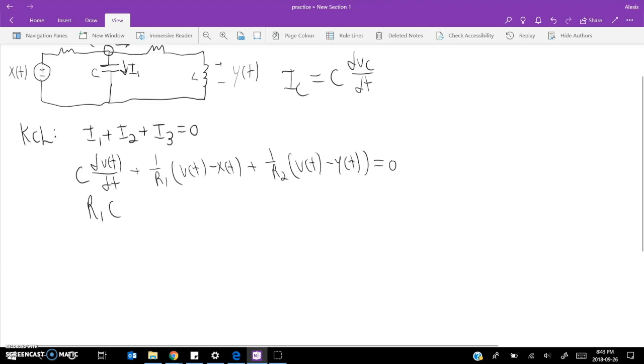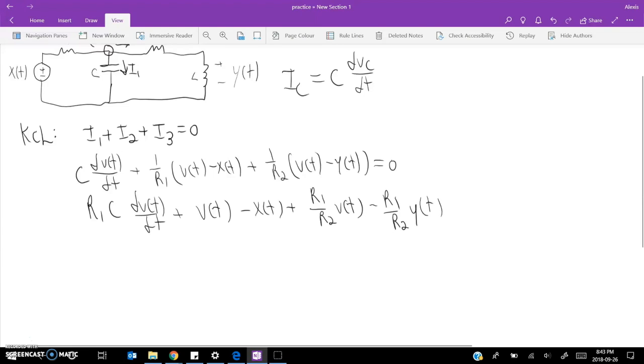And now we could multiply the whole equation by R1, and we would obtain R1 C dV of t dt plus V of t minus X of t plus R1 over R2 multiplied by V of t minus R1 divided by R2 multiplied by Y of t, and all of this equal to 0.